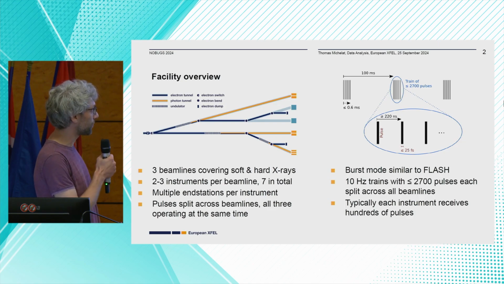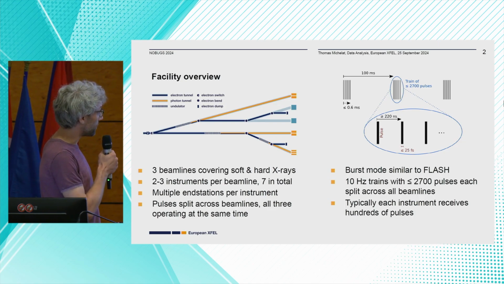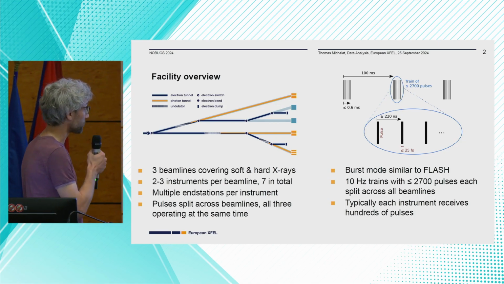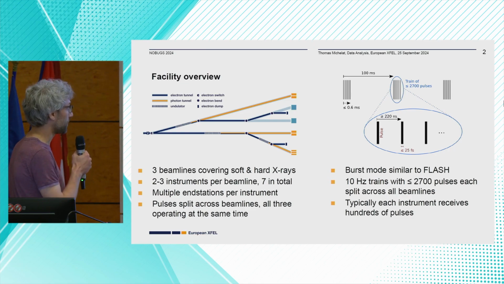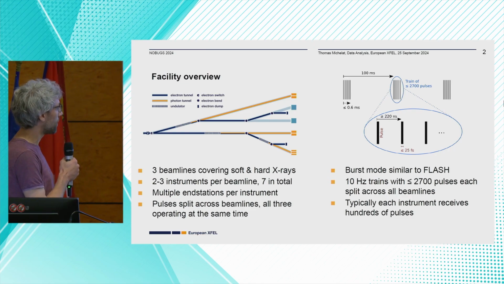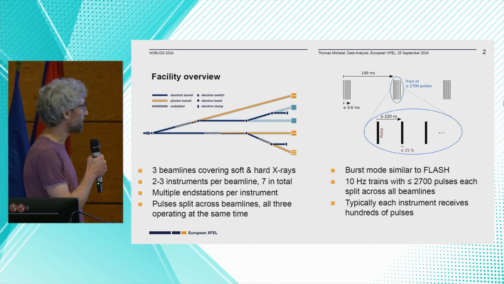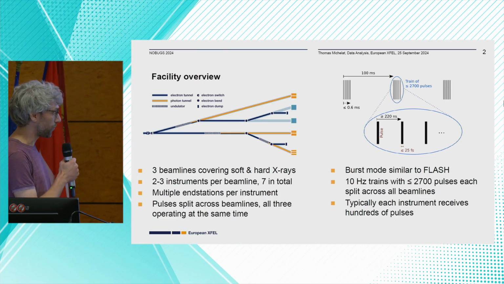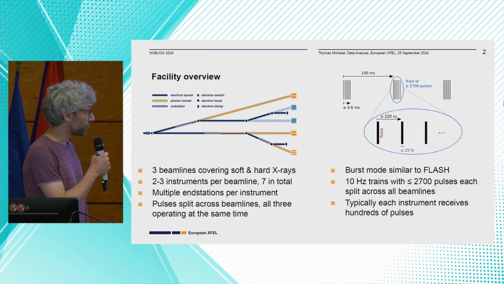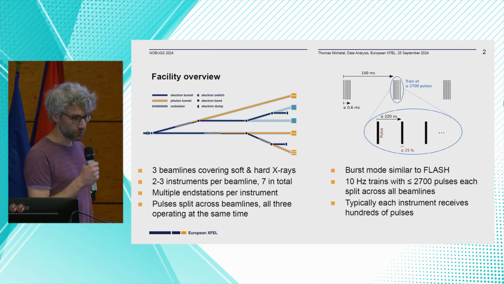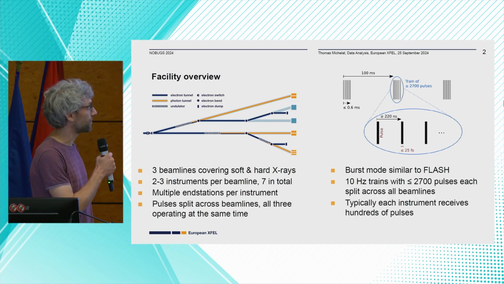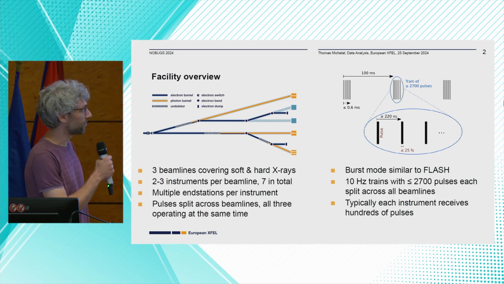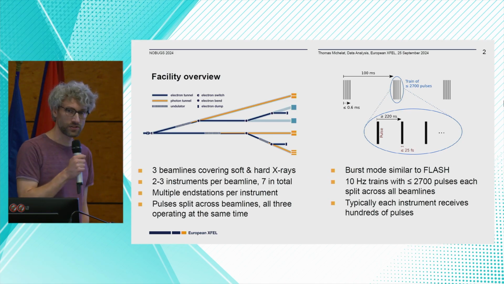If you're not familiar with the European XFEL, there is a very elaborate representation of the facility. We currently have 3 operational beam lines with 2 to 3 instruments as end stations. And the machine produces bursts of photon bunches at up to 4.5 megahertz rates over a short period of time, and this is repeated at 10 hertz rates.